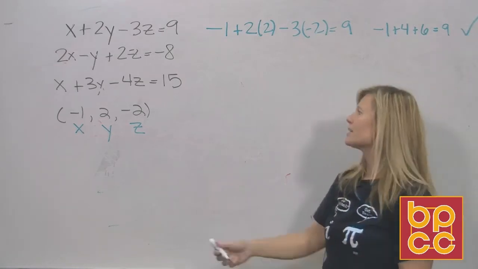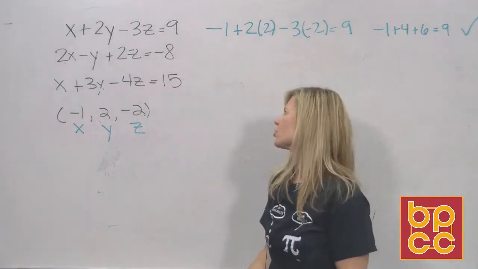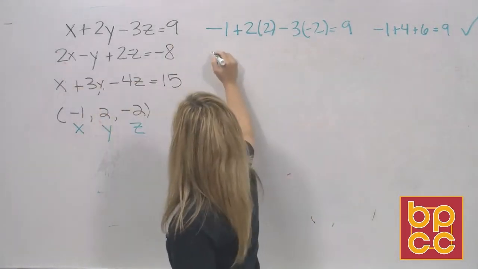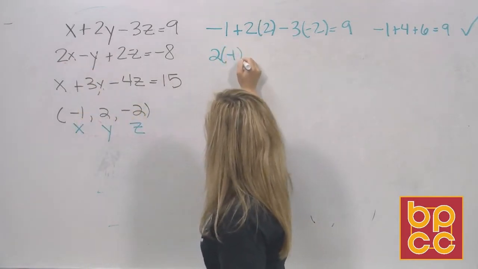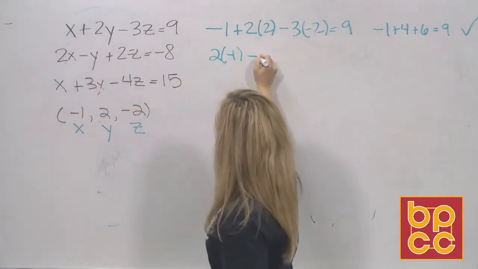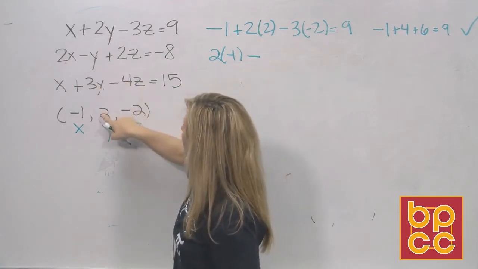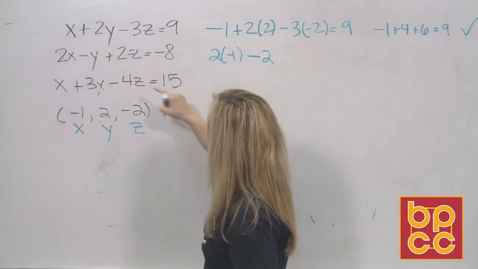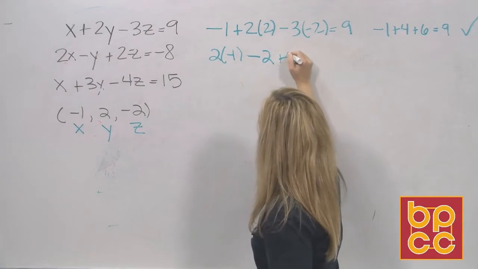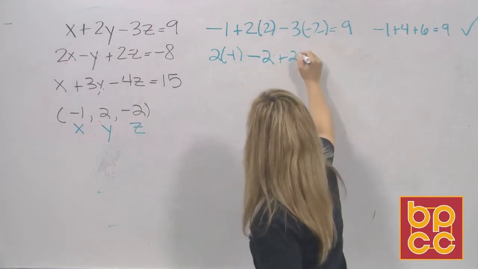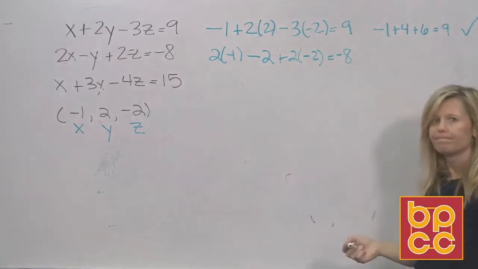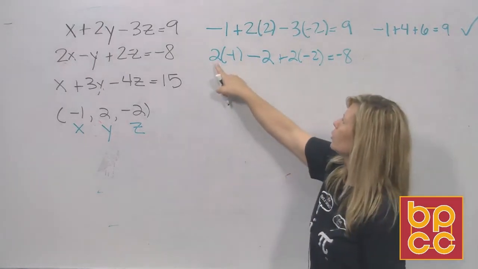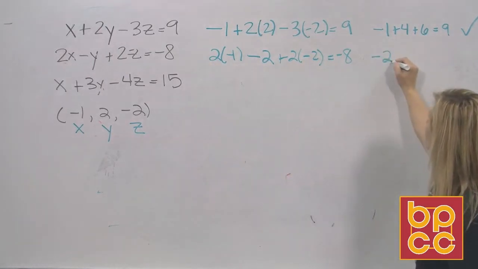That doesn't mean it's the solution. A solution means it works in all the equations. So let's do the next one. We have a 2. Instead of writing x, we're going to write -1. We write the minus. Instead of writing y, we're going to write 2 plus 2. And for the z, we're going to write -2. And we want to know if that equals -8. Now we'll do our arithmetic. 2 times -1 is -2.